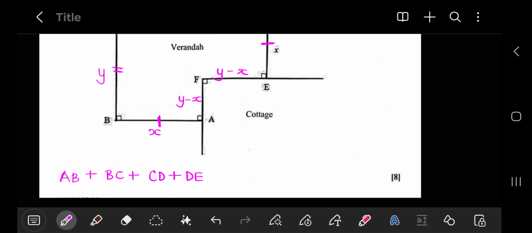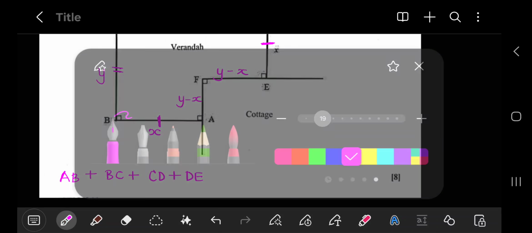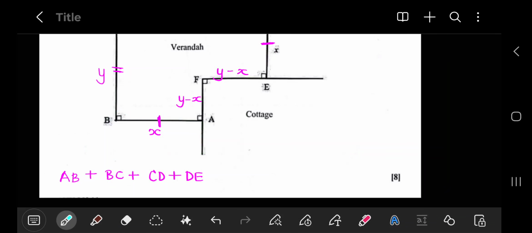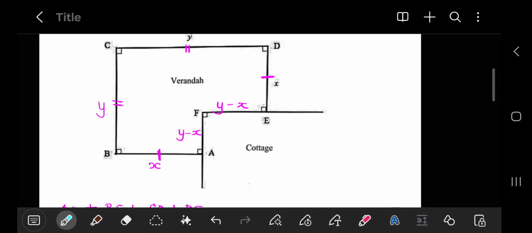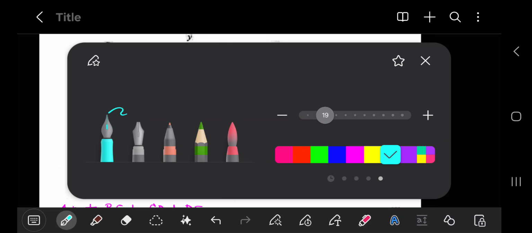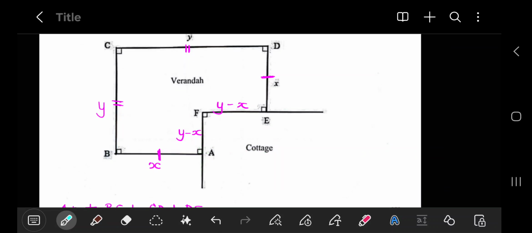But think about it logically. Where is the railing going to go? Since this is the cottage, the railing is going to go on the outside, basically on the border of the veranda.